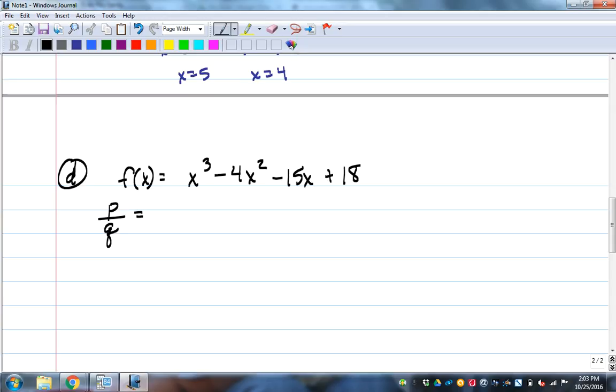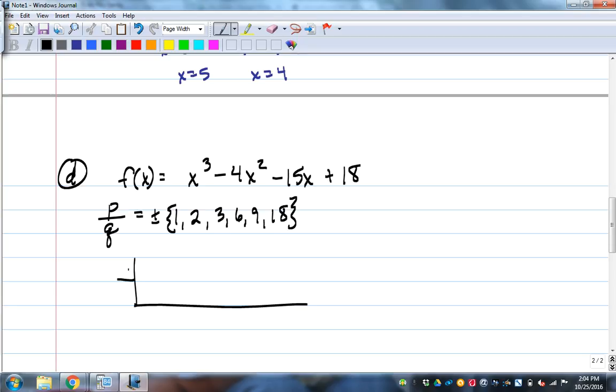So this one's nice. We got a leading coefficient of 1. So that means we're only going to have the factors of what? 18. What are the factors of 18? 1, 2, 3, and 18. Plus or minus on all those. So 12 possible numbers that it could be.